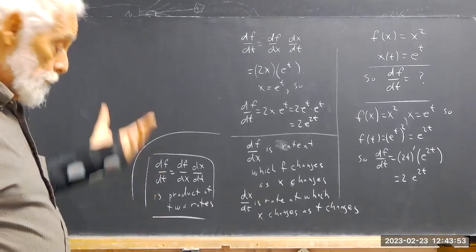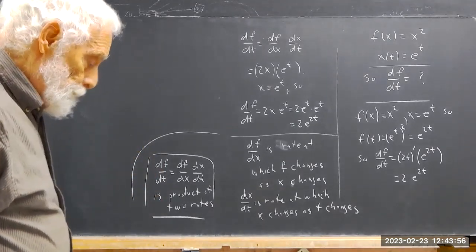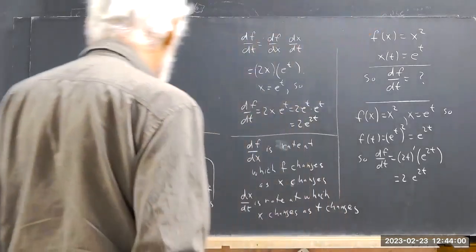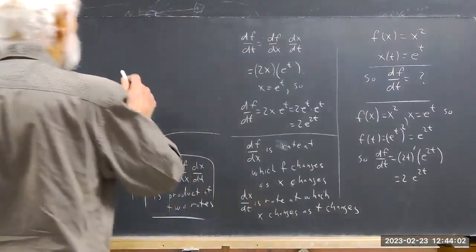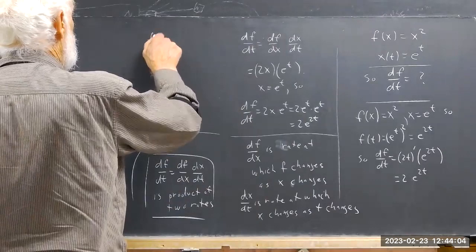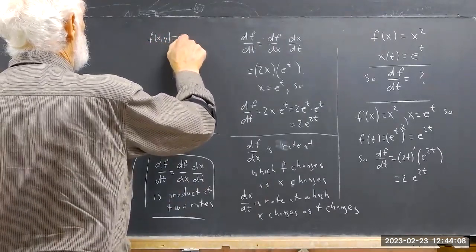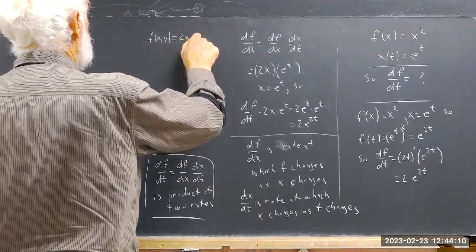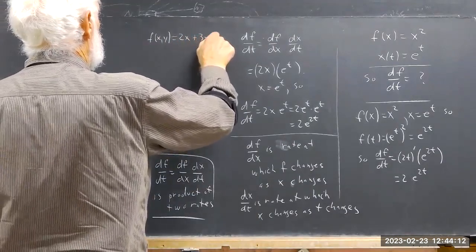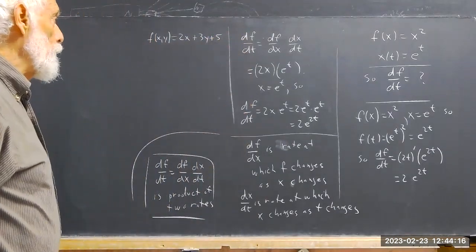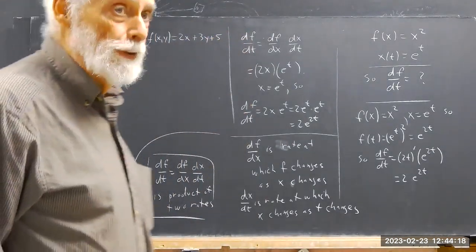All right, well, if you have a function of two variables, let's say f of x, y equals 2x plus 3y plus 5.